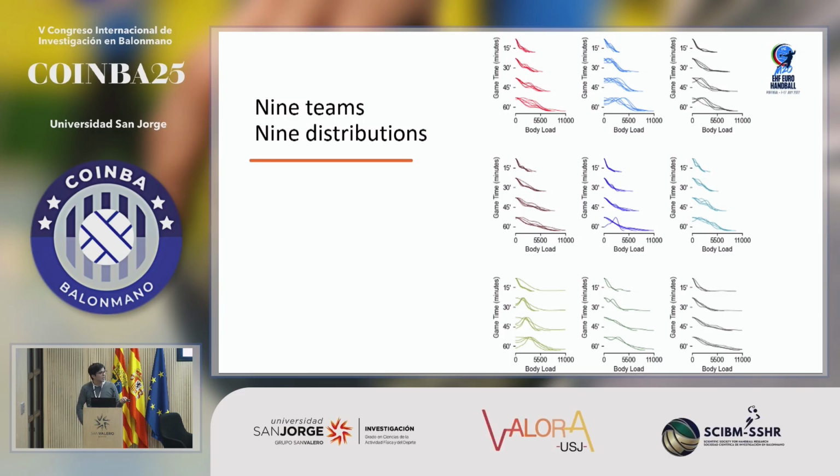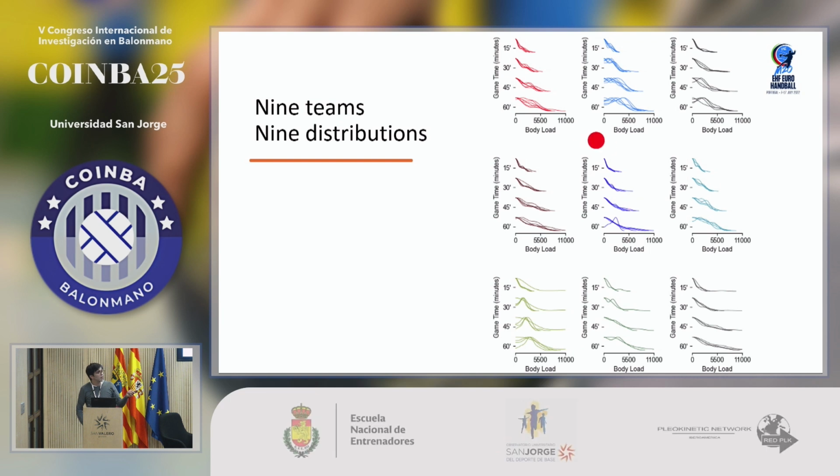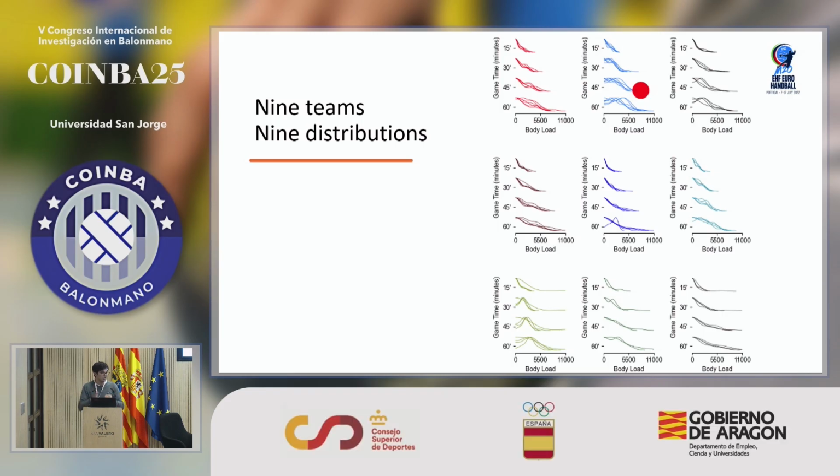And we notice that there are teams that have the same pattern across all games, here, but some teams have a different pattern depending on the game. We believe these are more reactive to the result of the game than having a very structured system. And some teams have a similar pattern except in one game.